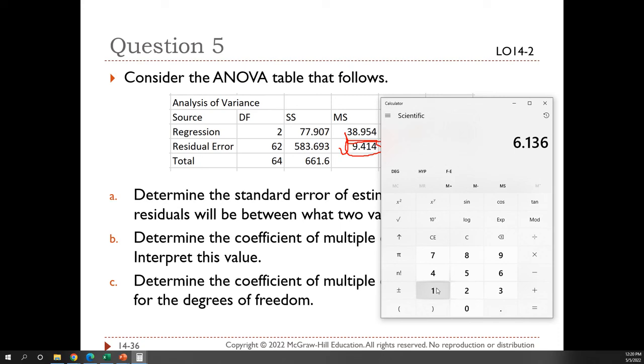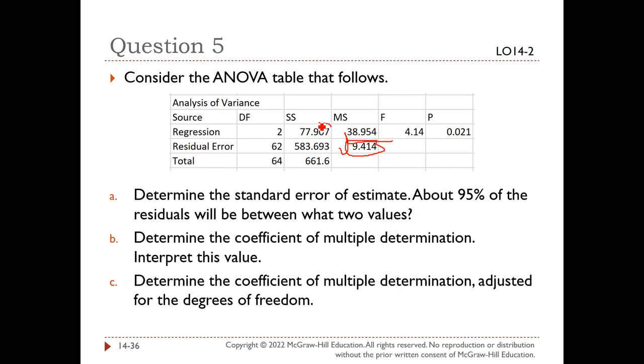Okay. So B, determine the coefficient of multiple determination, interpreting this value. Since we don't have the complete regression model, just an ANOVA, we have to do a little bit more math. That's okay. That's how we learn. So remember, R squared is SSR, which is this one, divided by SS total.